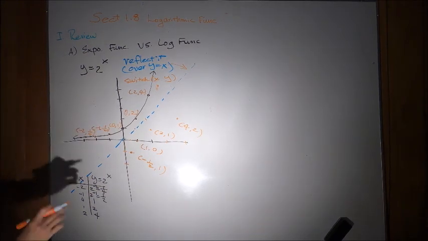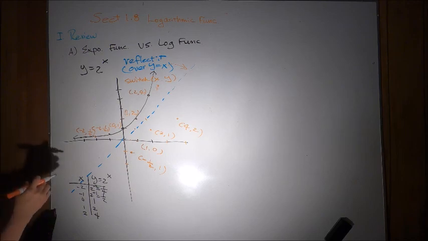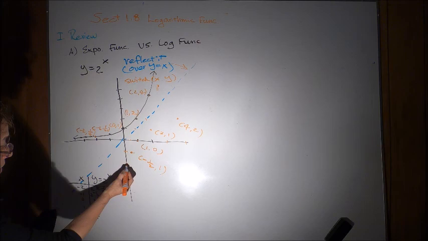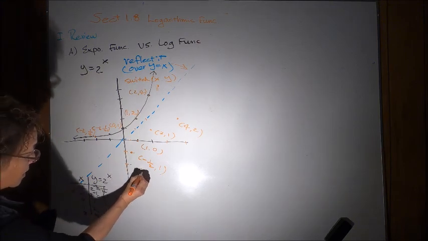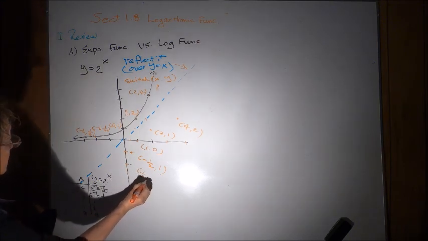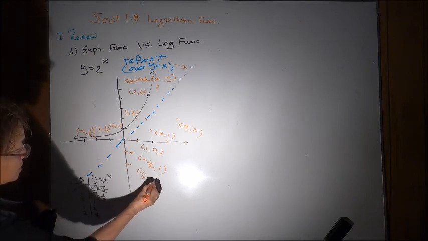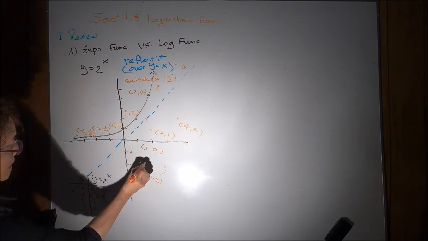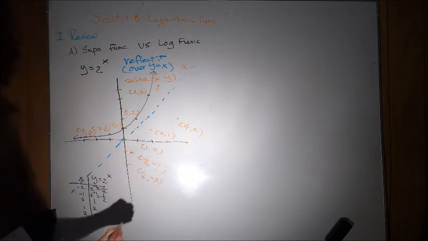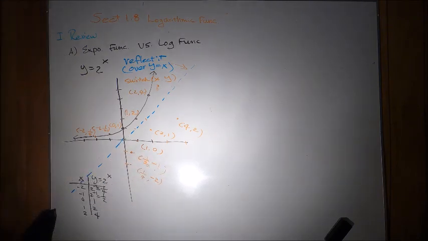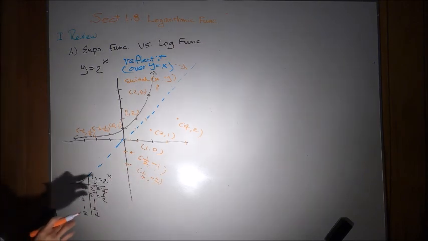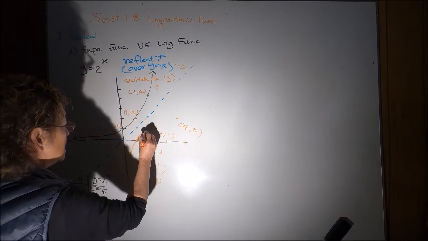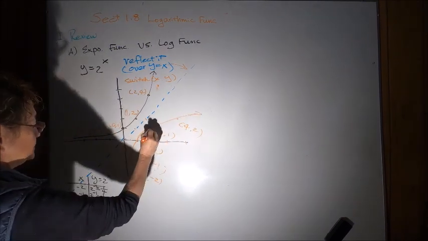Switch x and y, so it will be 1/4, negative 2. So when we graph this, the line will look like this.